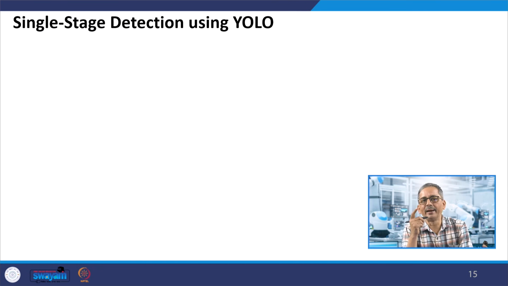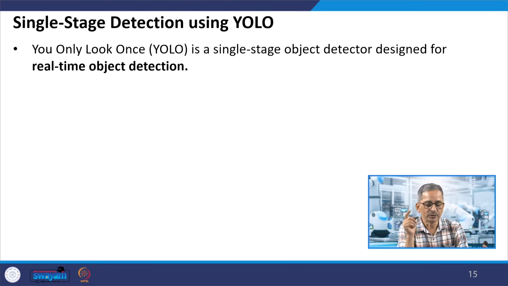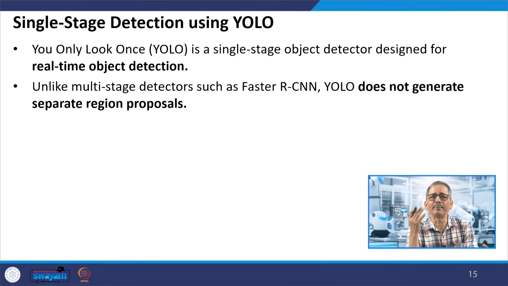Next, after multi-stage, let us look at single stage detection using YOLO. You see, YOLO is designed for real time object detection, and these days most object detection tools use YOLO. Unlike multi-stage detectors such as Faster RCNN, YOLO does not generate separate region proposals.